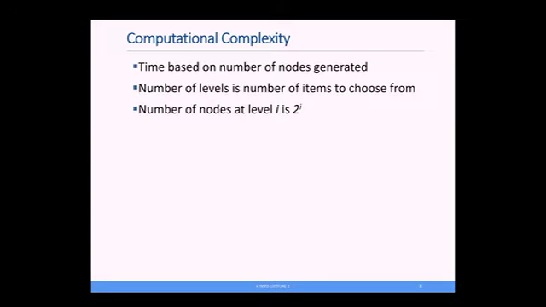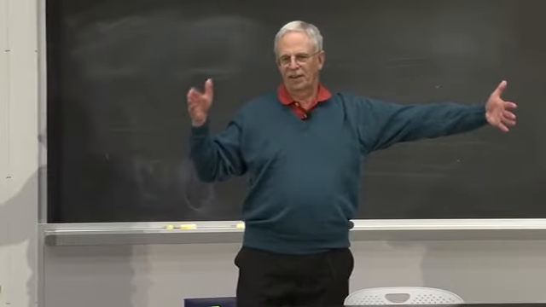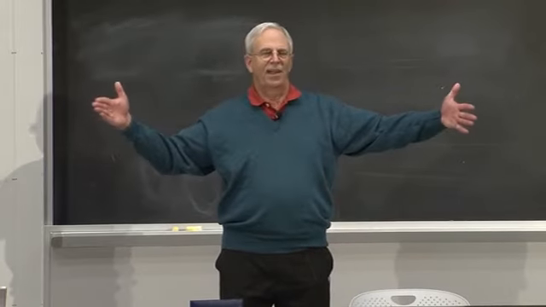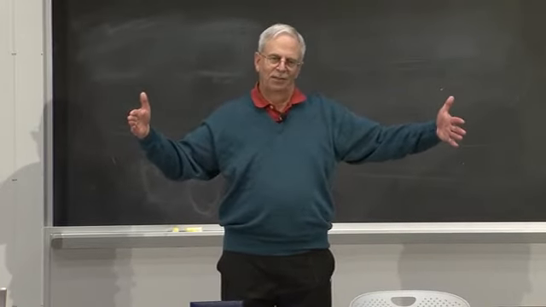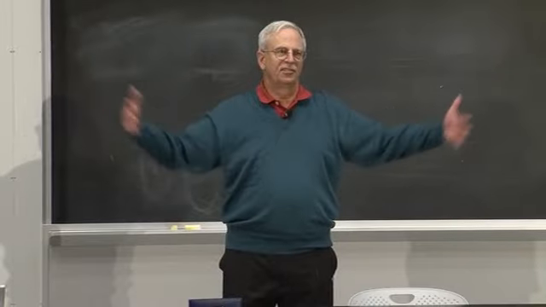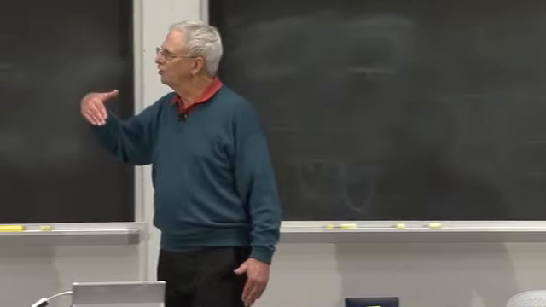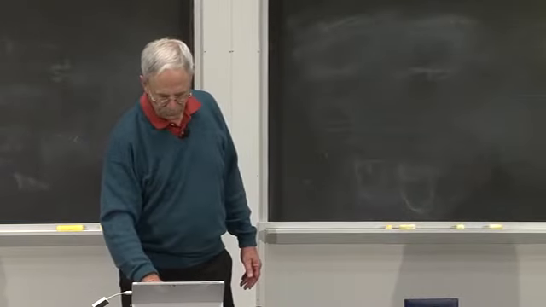That makes sense. If you remember last time we looked at binary numbers, we were representing our choices as either 0 or 1 for what we take. If we have n items to choose from, then the number of possible choices is 2 to the n, the size of the power set. And so that will tell us the number of nodes at each level.